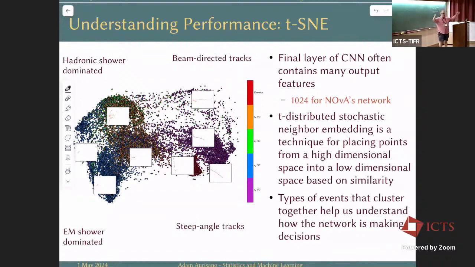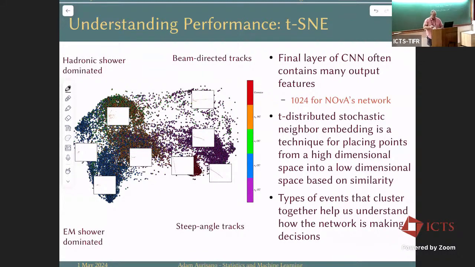And basically trying to make a two-dimensional representation of it that preserves similarity. So the idea is that examples that are close together in 2 dimensions are close together in similarity in the high dimension, right? So you have a metric of similarity that you compute in high dimensions, and then you map that to physical distances in 2 dimensions. And you can basically look at how things cluster to try to get an idea of what types of features the network is using to make decisions.